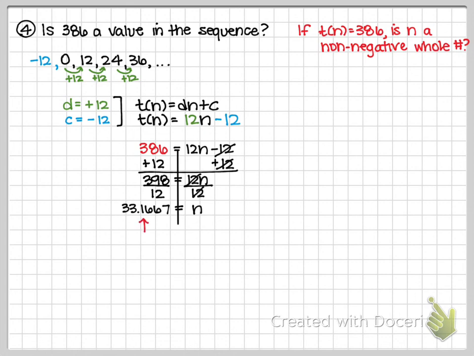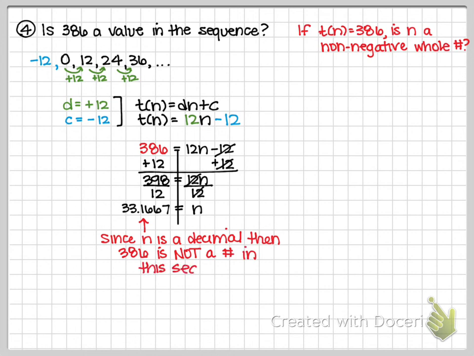So I would say since n is a decimal, which is not okay, then 386 is not a number in this specific sequence. So just watch out for those. You want to make sure that it's even possible to do.